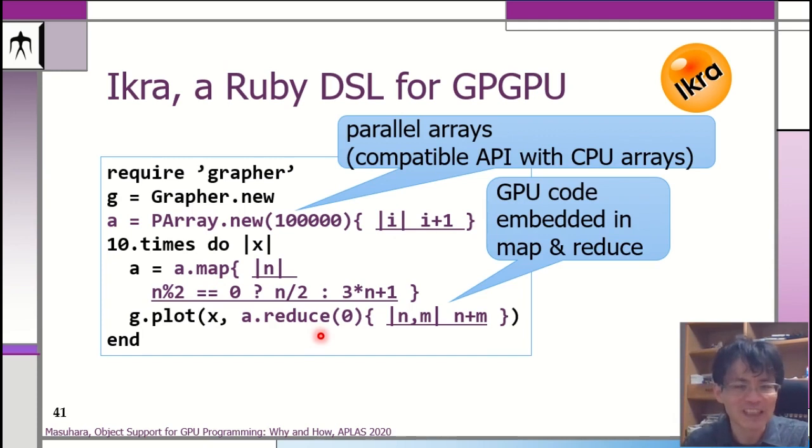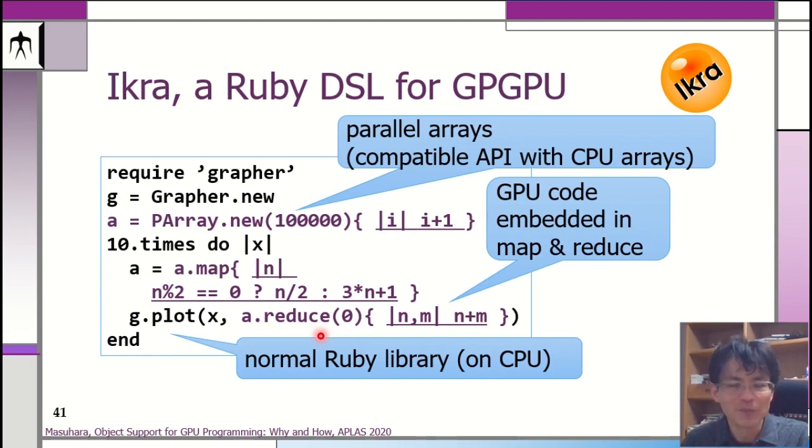So the compiler detects those computations and transforms those blocks into CUDA code and then executes on GPUs. But you can integrate with the existing normal Ruby libraries, which are executed by the standard Ruby interpreter on CPU. So, for example, in this case, we can easily visualize the result of GPU computation by writing a small amount of code.